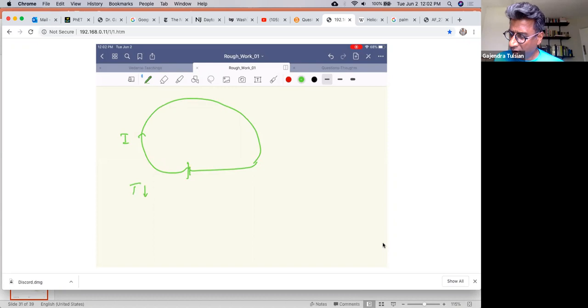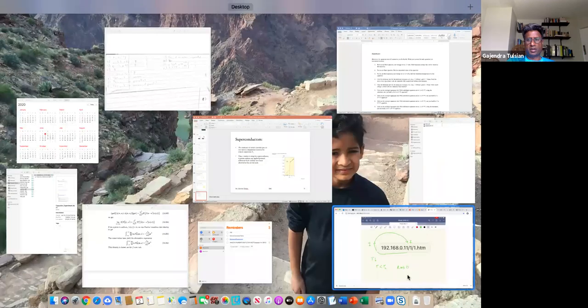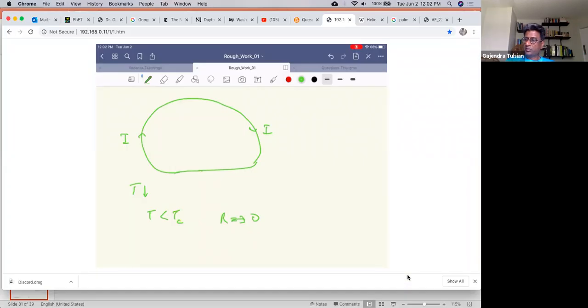When the temperature drops below the critical temperature, the resistance has gone to zero. So what you can do is establish a current and then remove the battery, and the current will still keep flowing. Because there's no resistance, the current won't stop, and it'll just keep flowing in the wire forever, as long as its temperature is below the critical temperature.